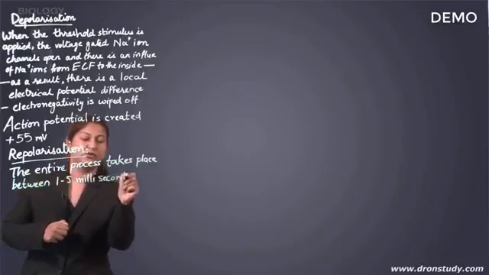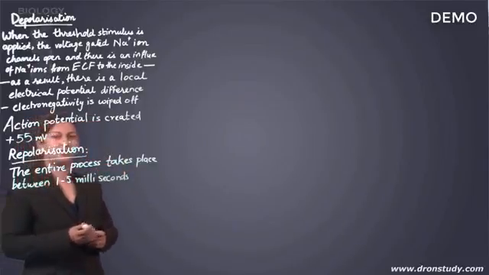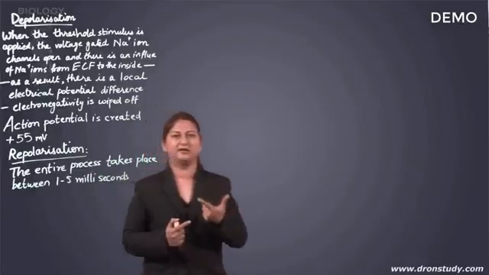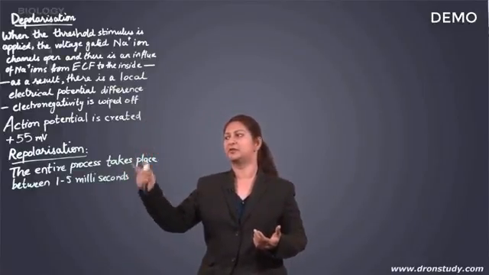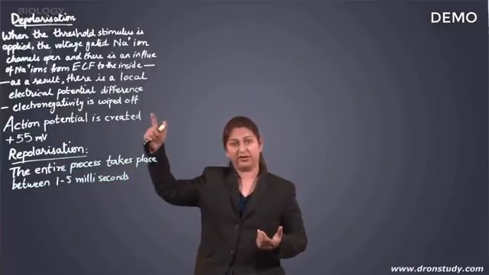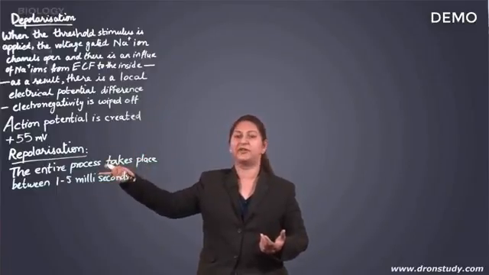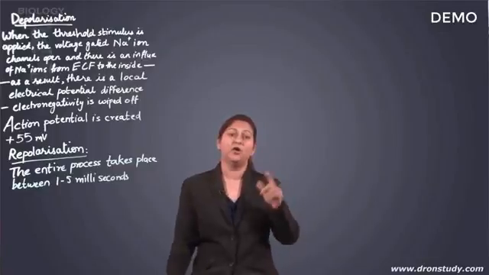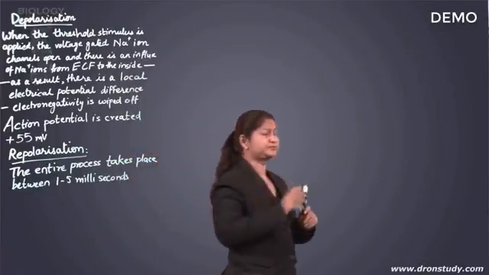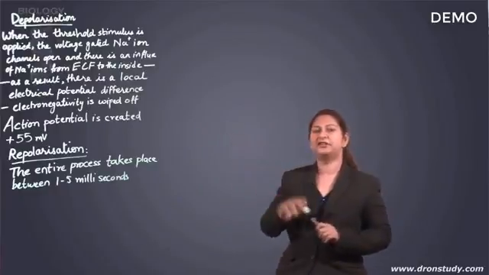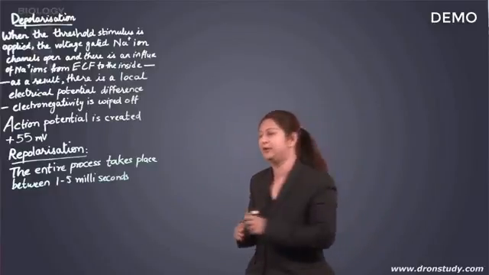Alright, and so we don't even realize what is happening. The nerve impulse goes, comes back, and the action is actually brought about. So the entire process of depolarization, action potential and repolarization will take place between 1 to 5 milliseconds. And then after this comes a refractory period.